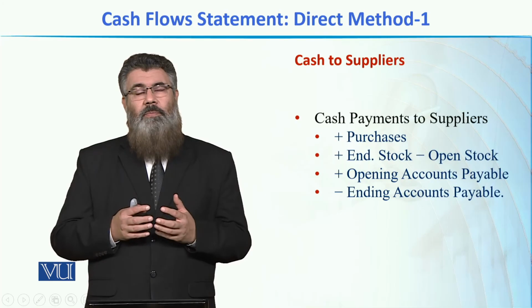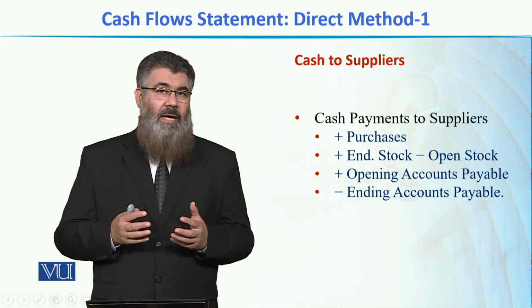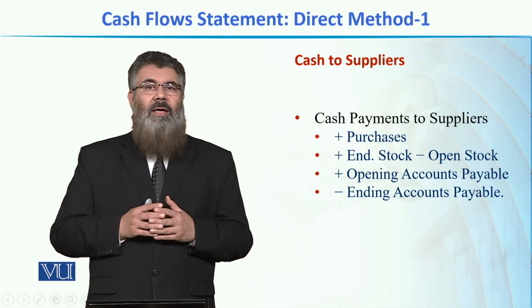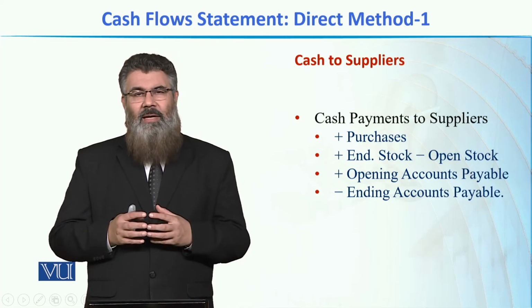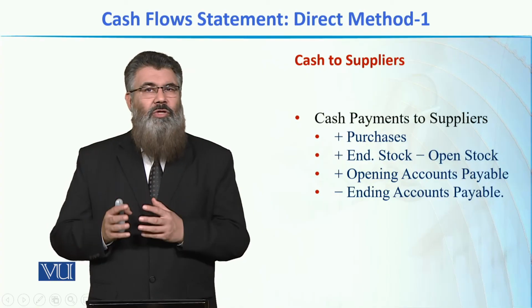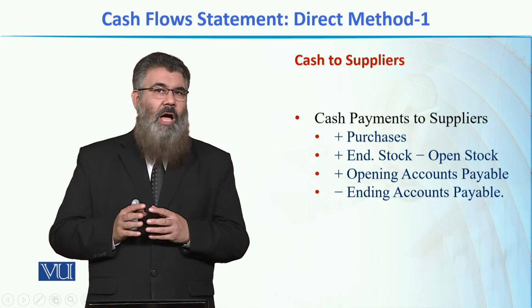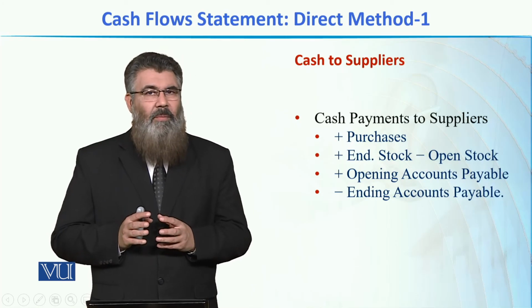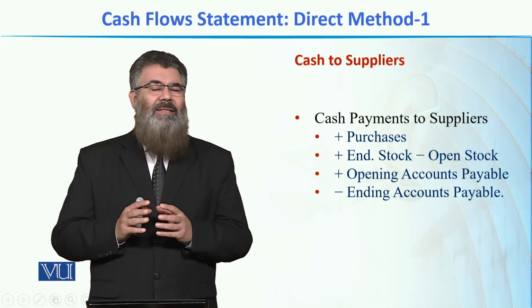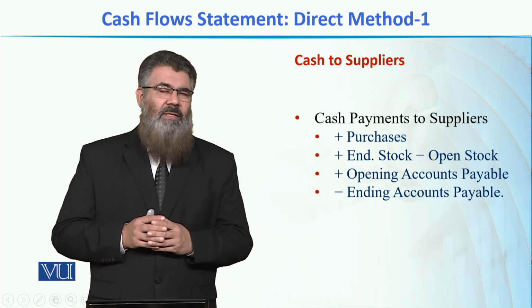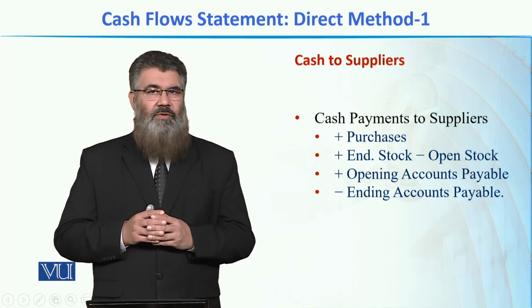और अगर अकाउंट्स पेबल का बैलेंस बढ़ जाए तो इसका मतलब ये है कि हमने इस साल की परचेजेस में से भी कुछ अमाउंट पे नहीं की है. That means the cash outflow resulting from purchases will be less than the amount of purchases that we have made in this year.